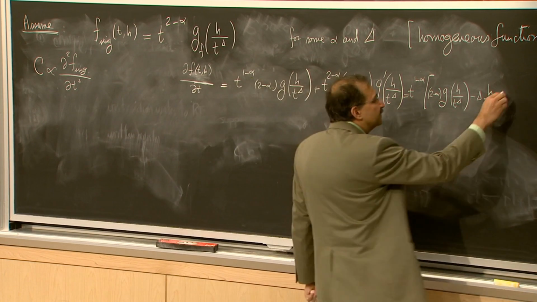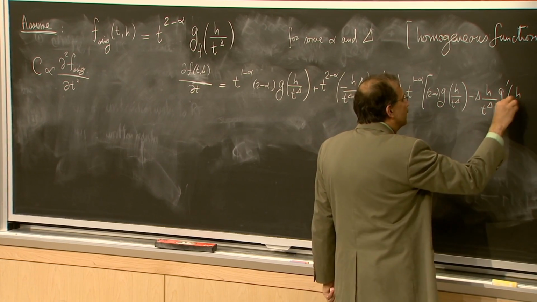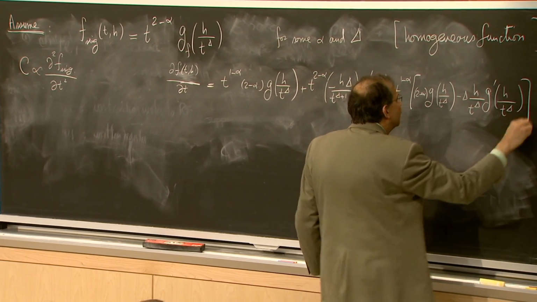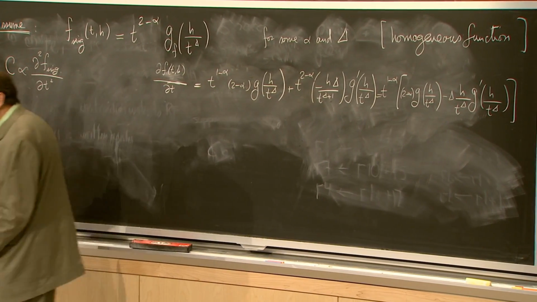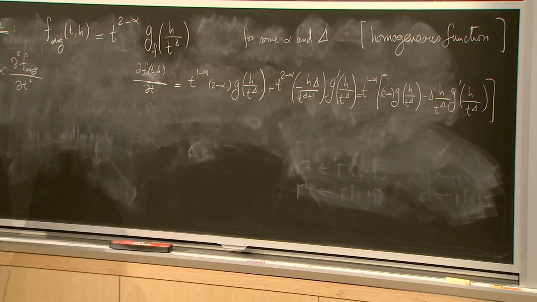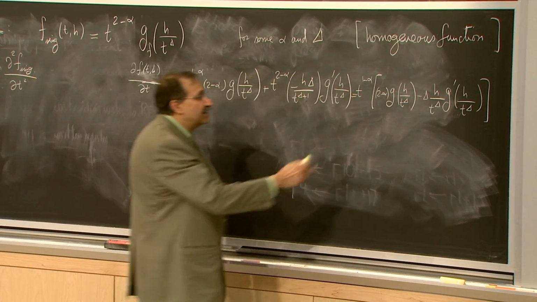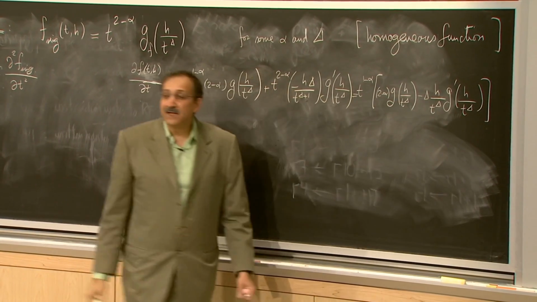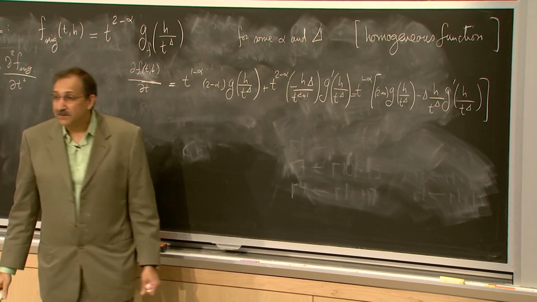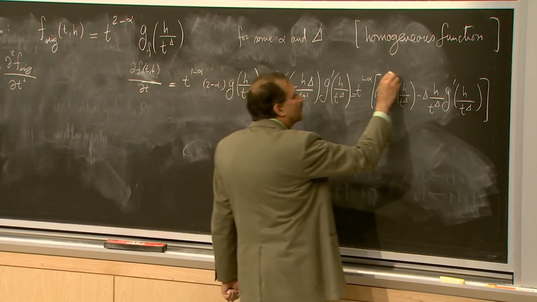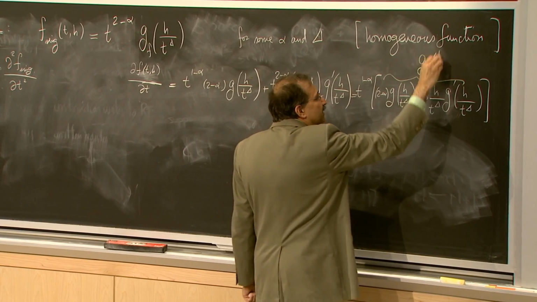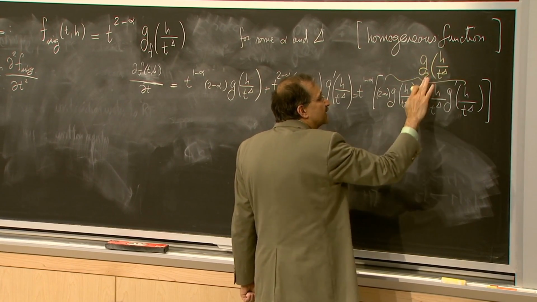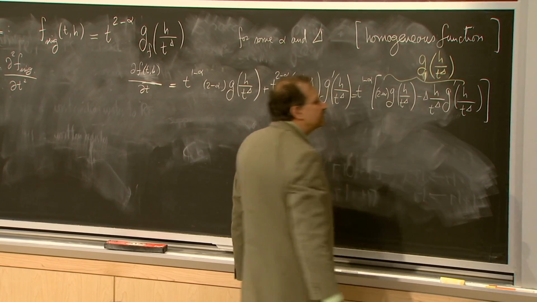And I have the derivative. So this is a completely different function. It's not the derivative of the original function. But whatever it is, it is still only a function of the combination h over t to the delta. So the derivative of a homogeneous function is some other homogeneous function. Let's call it g1 of h over t to the delta.